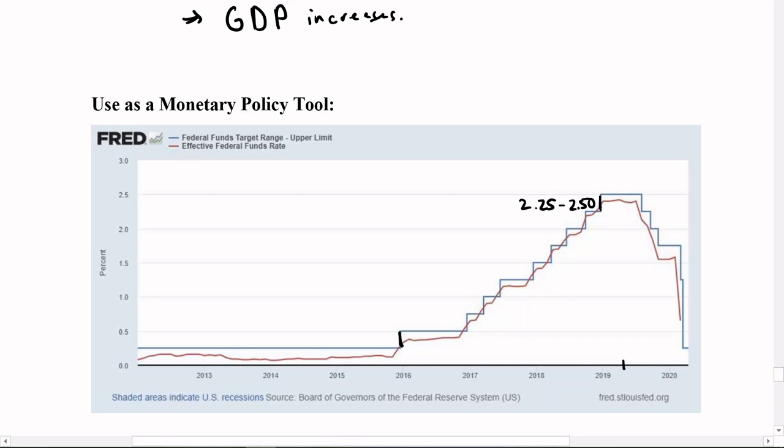So we had economic fissures even before this happened, and the Federal Reserve started decreasing the interest rate a bit even before the coronavirus. But as you can see, recently the Federal Reserve has dropped it all the way down to its lowest possible level, 0 to 0.25%, which is the lowest it could possibly go without going negative, which the Federal Reserve has indicated they're not going to do.